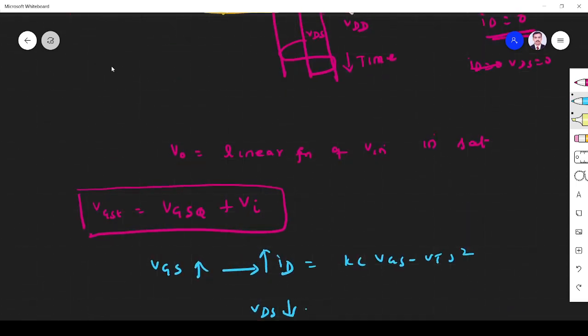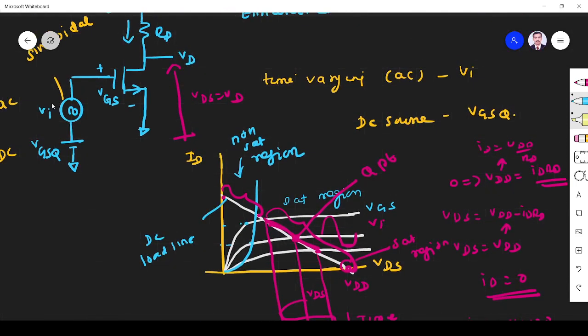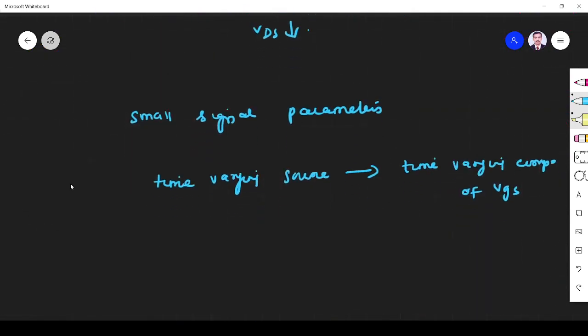In the circuit, this is the time varying component. This will give time varying VGS. This one will give DC, but this is time varying. So when this varies with respect to time, VGS will also vary with respect to time, because VGS is the sum of these two.